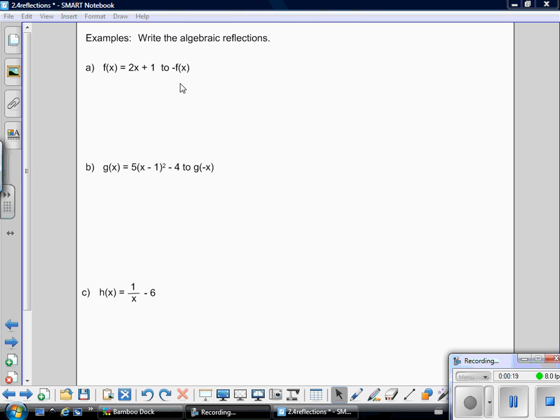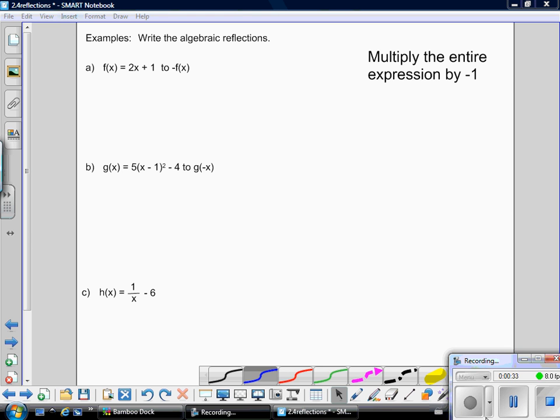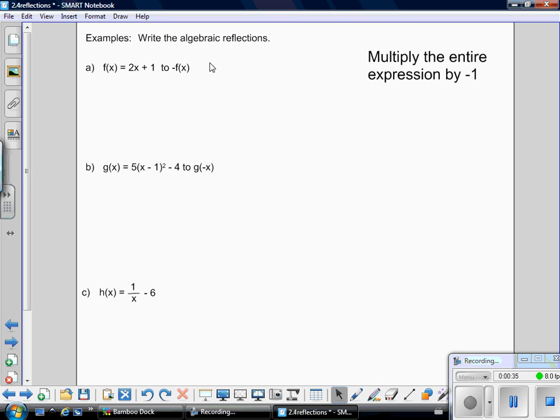The way we do this is we're going to multiply the entire expression by negative 1. The reason we're doing that is, recall that when we're talking about the reflection of the points, (x, y), this reflection is going to change the y value.